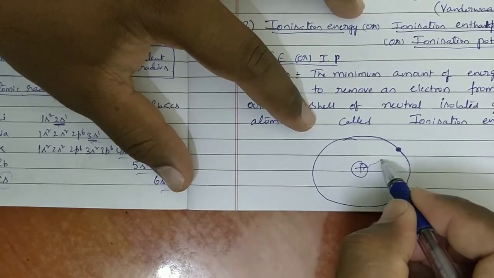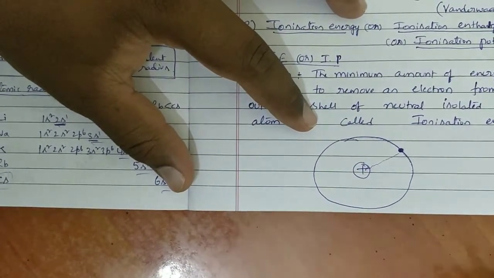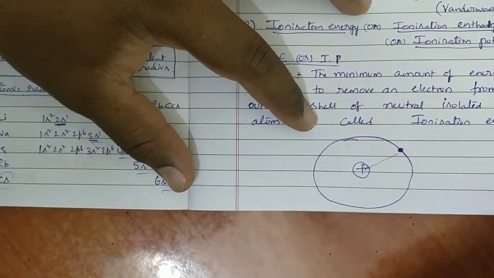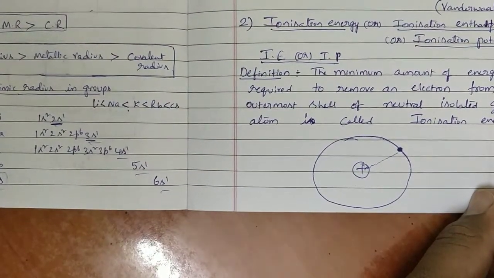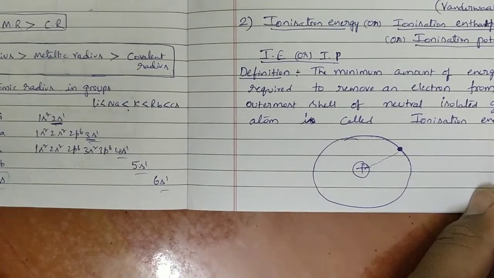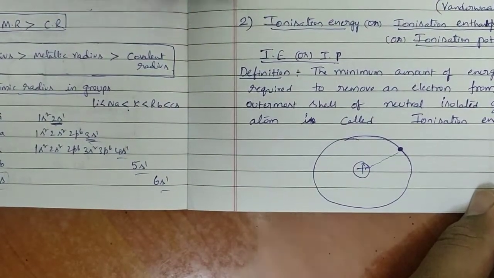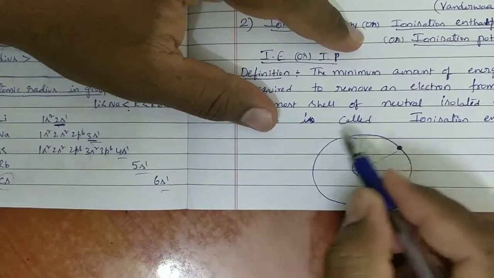Because of that attraction only, that electron is present in that orbit. Is it right?